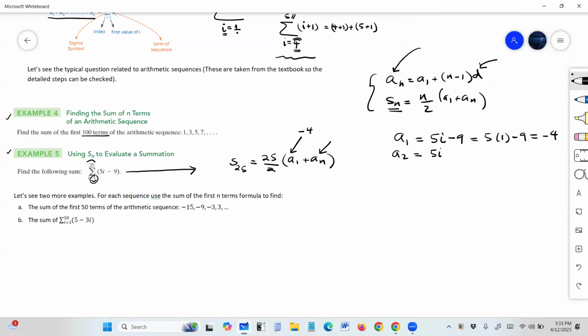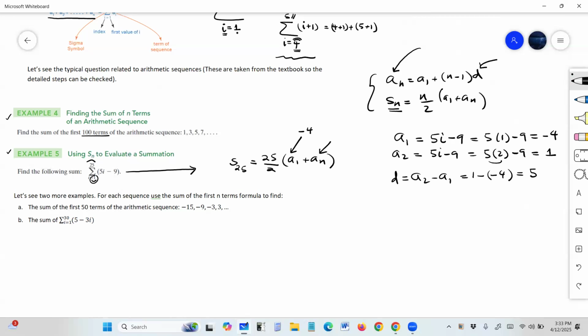This is 5i minus 9 when i is 2. So this is 10 minus 9, which is 1. Now, the common difference is A2 minus A1. And be very careful, right? 1 minus negative 4, or 1 plus 4, which is 5.